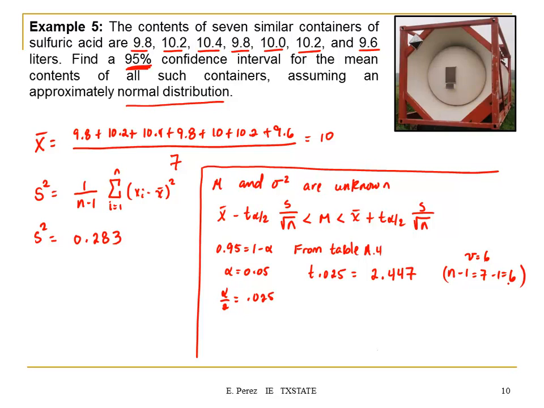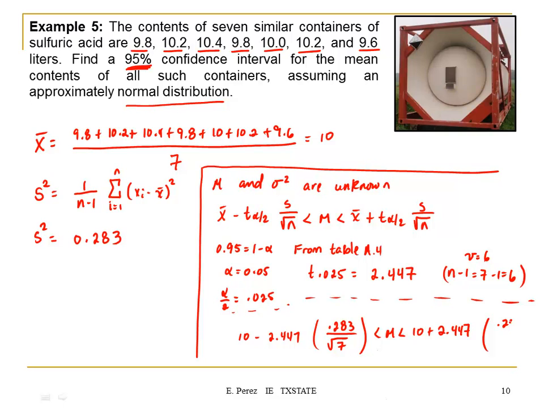Okay, so using this information, we can just plug those numbers into the confidence interval. So we have 10 minus 2.447 times 0.283 divided by the square root of 7, less than mu, less than 10 plus 2.447 times 0.283 divided by the square root of 7.